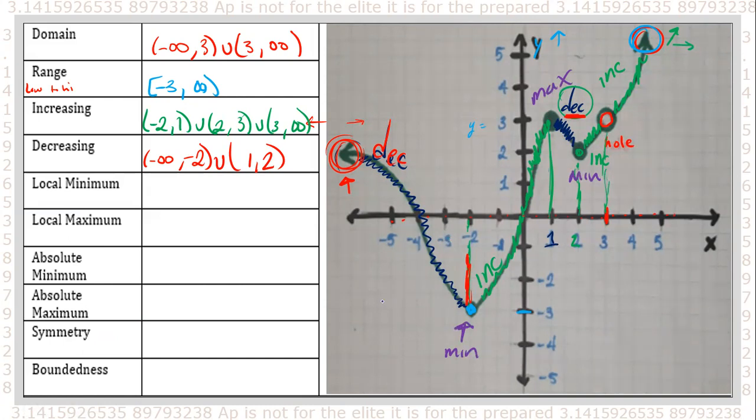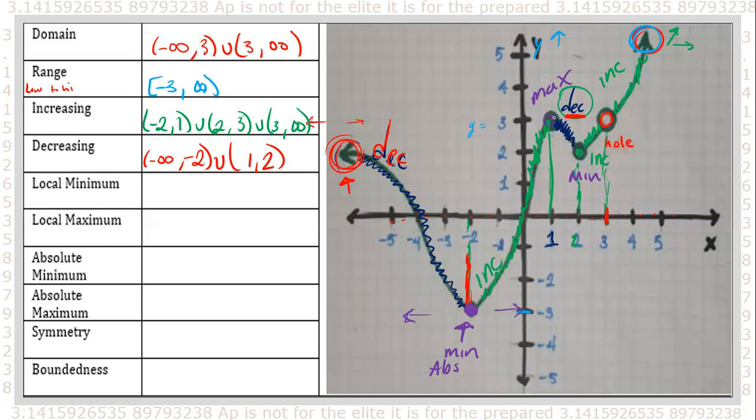So anything that is the highest you can go and the lowest you can go, right? Let's talk about this specific point. If this is the lowest I can go and there's nothing lower, this is absolute. So in this case, it's an absolute minimum because there is no graph that you can see lower than this point.